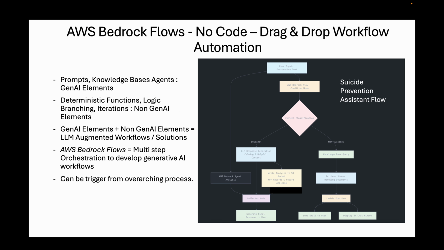Now moving to the next topic in AWS Bedrock, which is AWS Bedrock Flows, right? So far we have seen that in Bedrock there are prompts, knowledge bases, agents, which are the generative AI elements. They have LLMs associated with them, right? However, in the real world, you usually want your generative AI elements along with some predictable workflows.